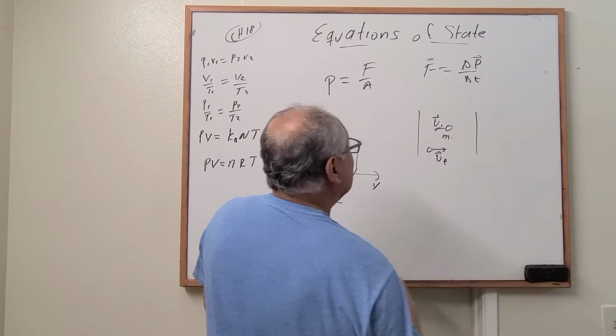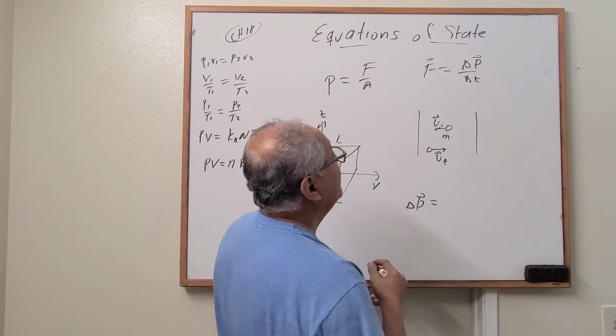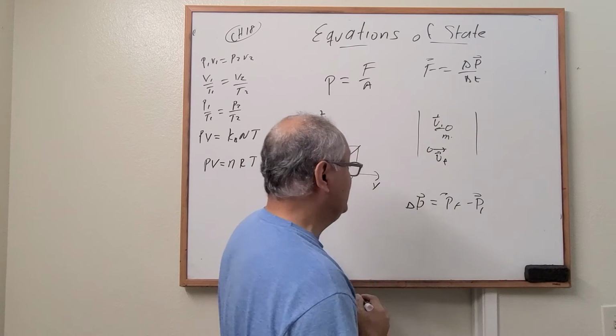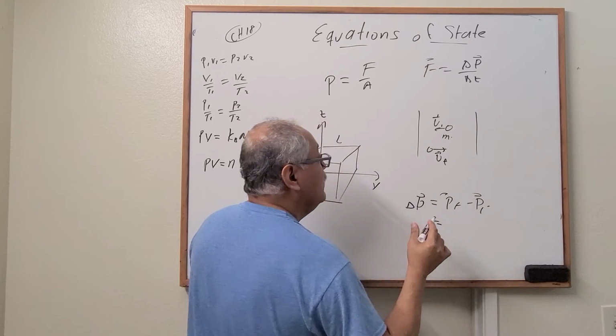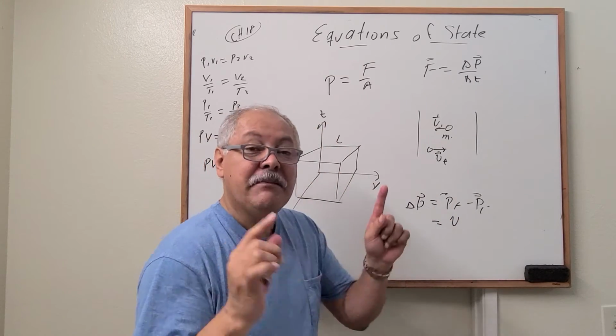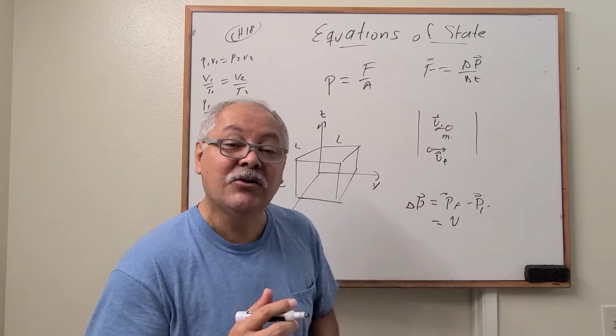So what do we have? Let's find momentum, actually the change in momentum. It's final minus initial. But what is final? Remember the magnitude is the same. We change only direction when we have elastic collisions.